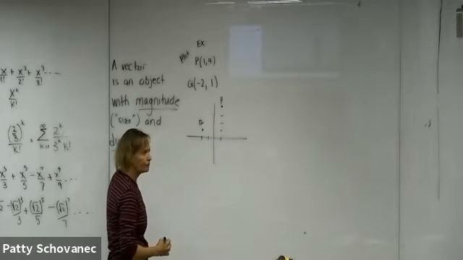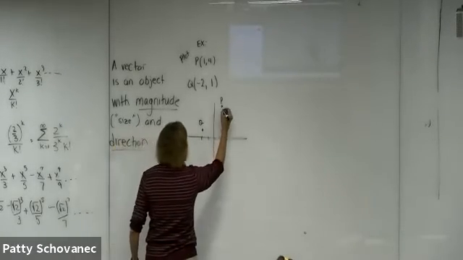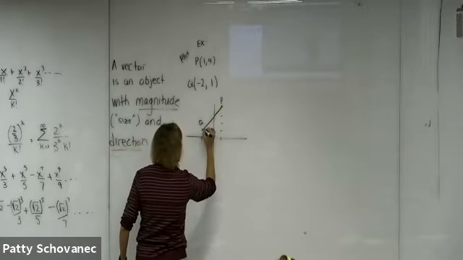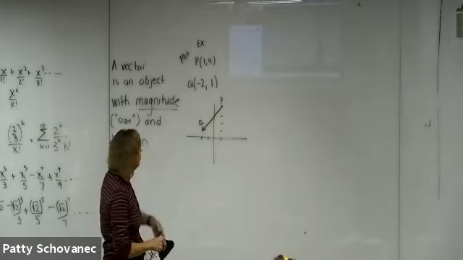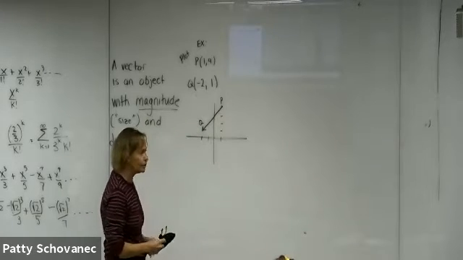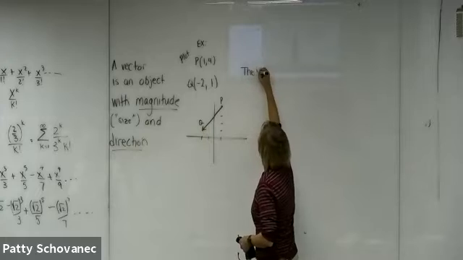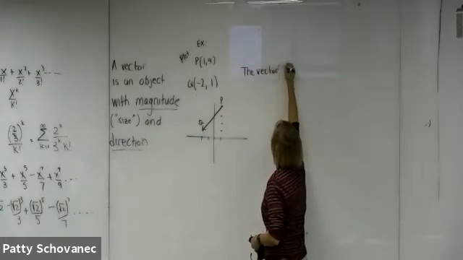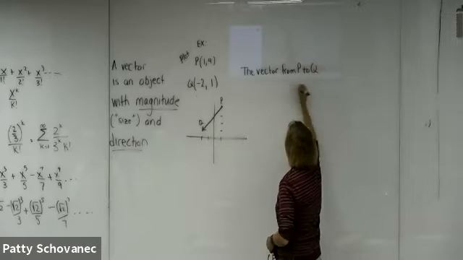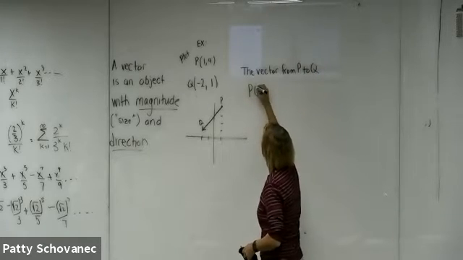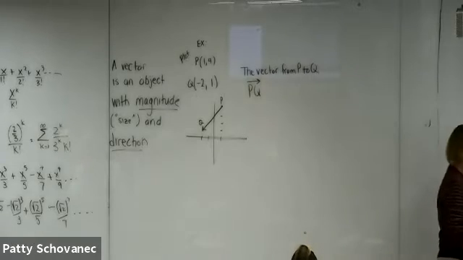I can draw the vector from point P to point Q to be just an arrow with its tail at point P and its head at point Q. So the vector from P to Q would be denoted like this, with the arrow in the direction that the vector is moving.